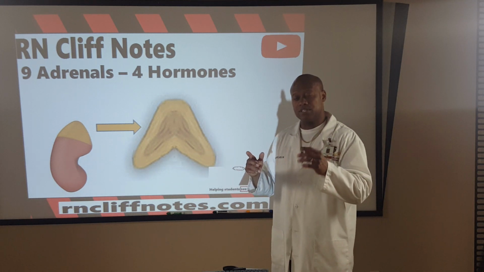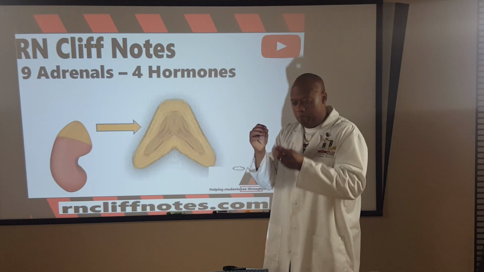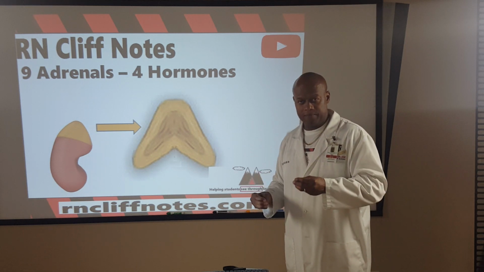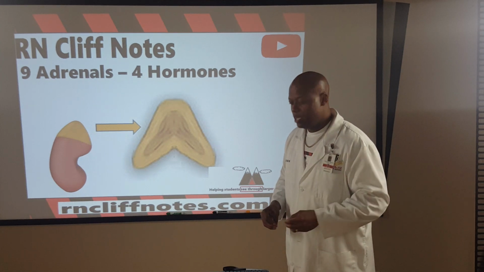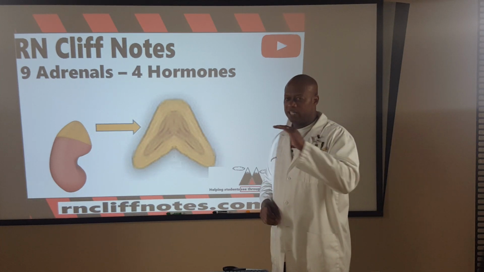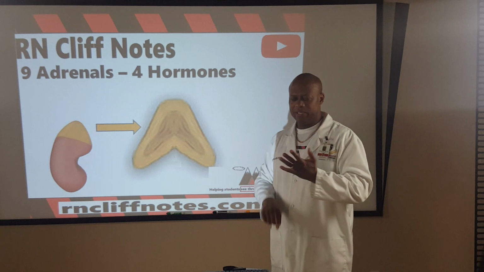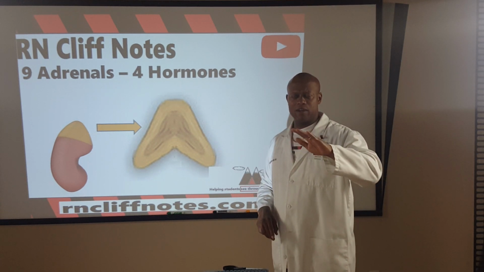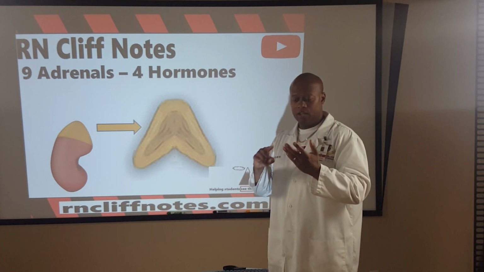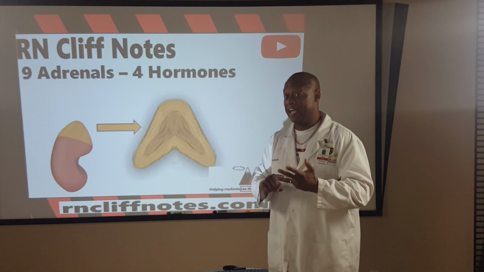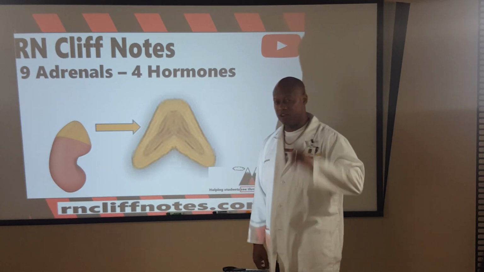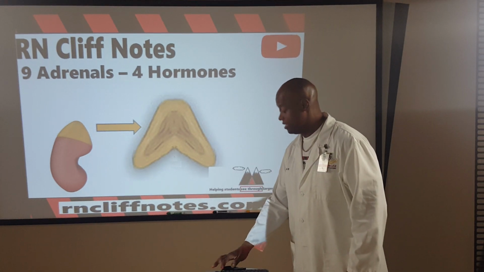And we also want to separate them out in terms of what part of the actual adrenals produce the hormones, right? Because you got to know that too. And that really doesn't matter what level program you're at, whether LPN, RN, right? Either one of those programs and above expect you to know the separated parts and what hormones are produced from the separated parts of the adrenals. So here we go. All right.